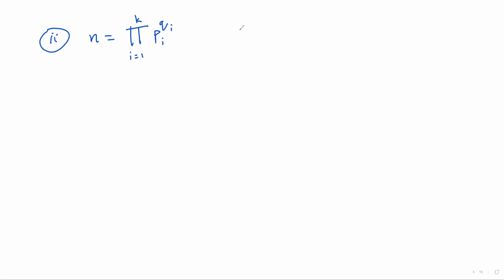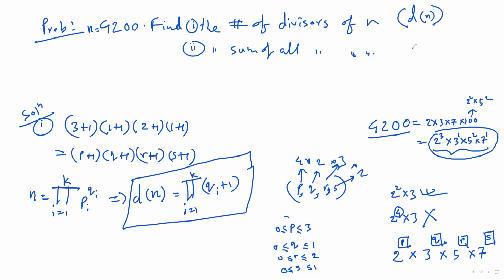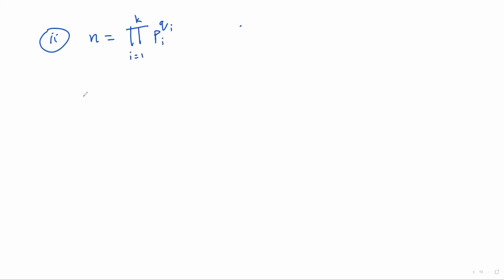So now we want to find the sum of divisors, which is probably expressed as S of n, even if it's not. Let me use it for this particular solution. So S of n stands for the sum of divisors for this problem. So S of n is just the sum of every divisor, and any divisor of our number is going to look like this.